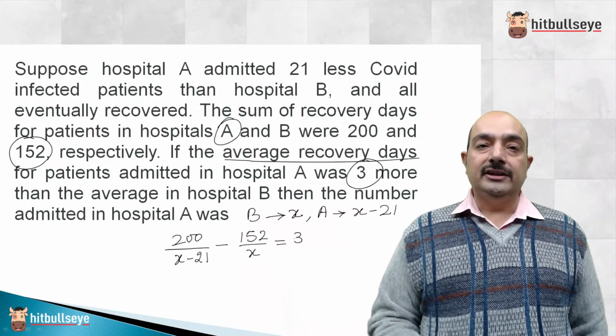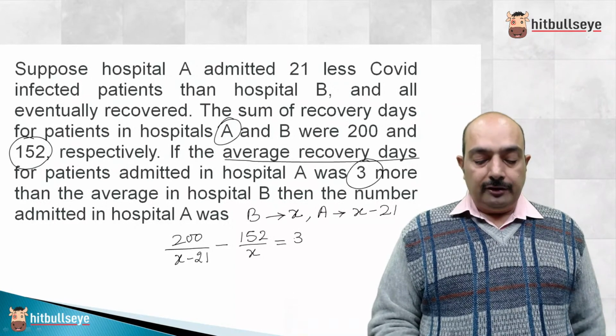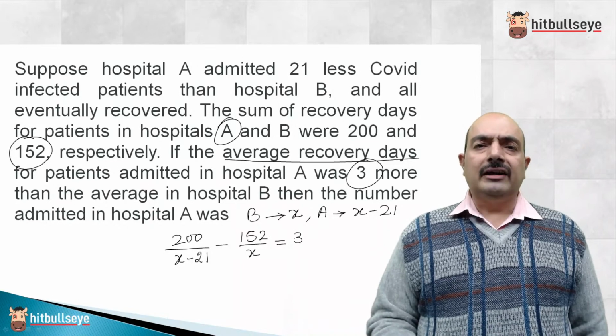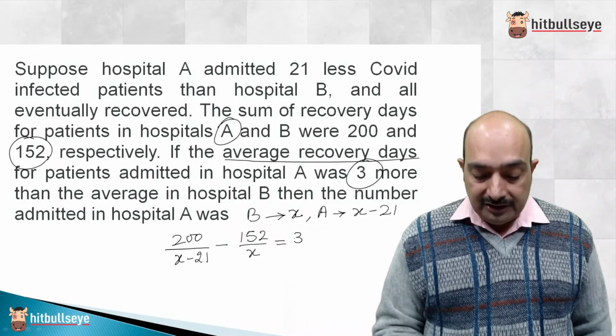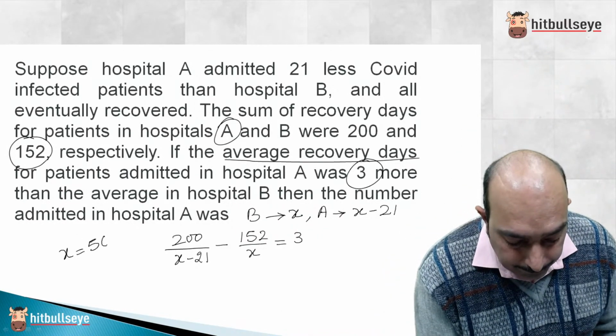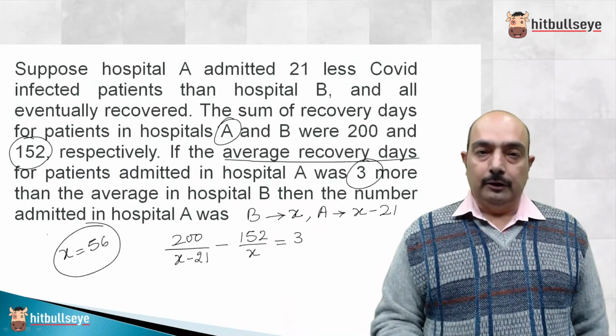Again, it's a quadratic equation, but yes, you can cancel 152 and 200 by 4. So a little bit of calculation work can be reduced. But still, it would become a quadratic equation. And when you solve it, X comes out as 56. You can solve it, no problem.